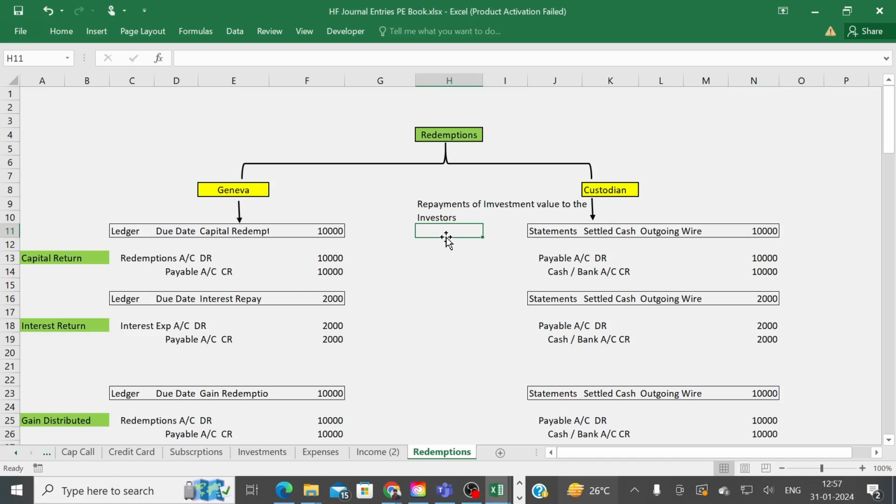The same entries you can perform for hedge funds as well as mutual funds, even for a fund of funds. If you are looking at a fund accounting interview, I would say go through the accounting entries, because 70 to 80% weightage, which I have seen, is that most interviewers ask questions around journal entries only. If you practice a lot, then you can crack the interview.